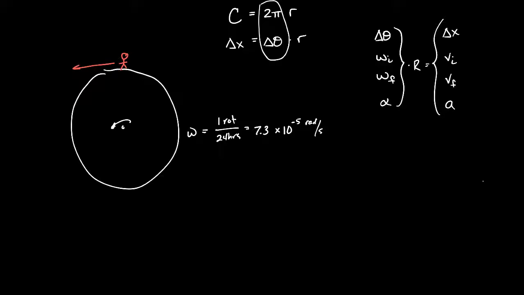So the definition of circumference is where we get this from. And we can apply it across the board to all of the measurements. You divide this equation by t, and now you have angular speed and linear speed. Divided by t again, and you've got angular acceleration and linear acceleration.